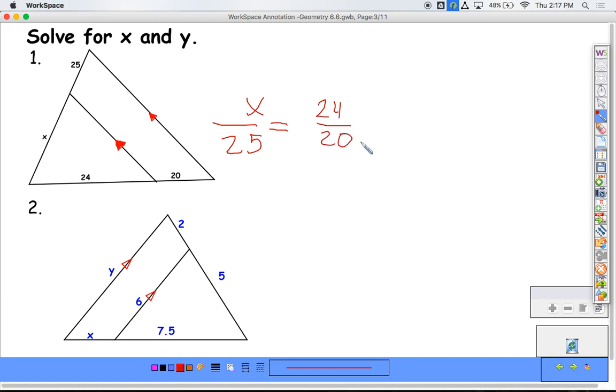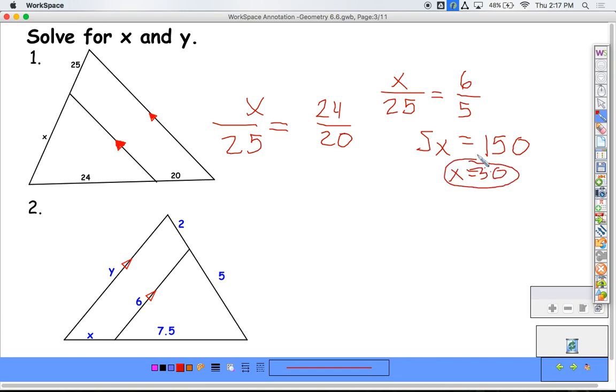So then with some simplifying, we can change it to x over 25 equals, divide both these by 4, we get 6/5. So then 5x is going to equal 150. And then x would be 30. Yikes. Hopefully I get better at this.